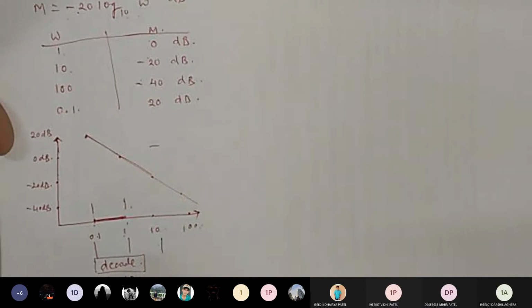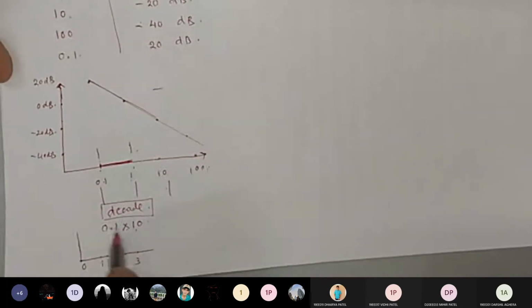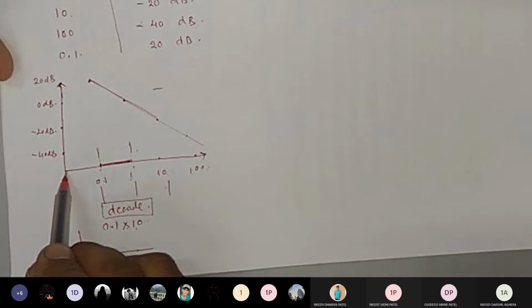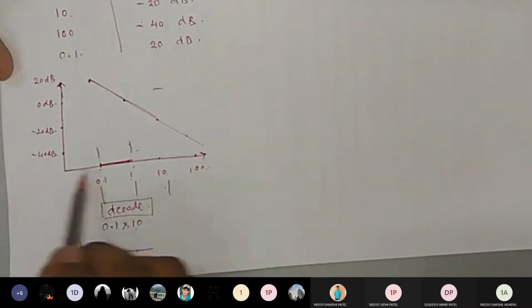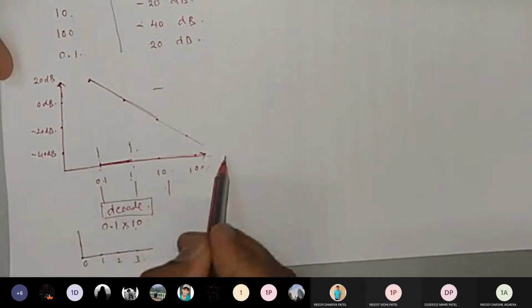In the normal graph, what were you writing here? 0, 1, 2 like this. But in Bode plot you are using semi-log graph paper. So what will come here? Omega will come here. Omega we are varying from 0 to infinity.